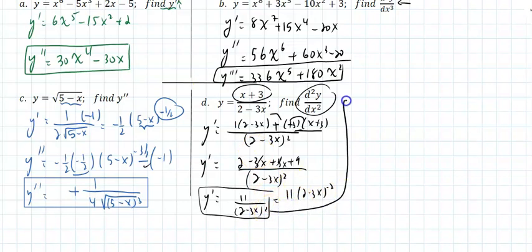So if I'm going to take a second derivative, again, this is very quick. You bring the power down, subtracting from the power. Or you could say quotient rule.